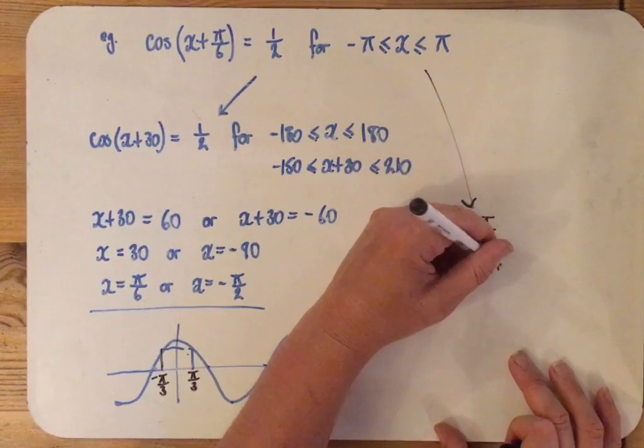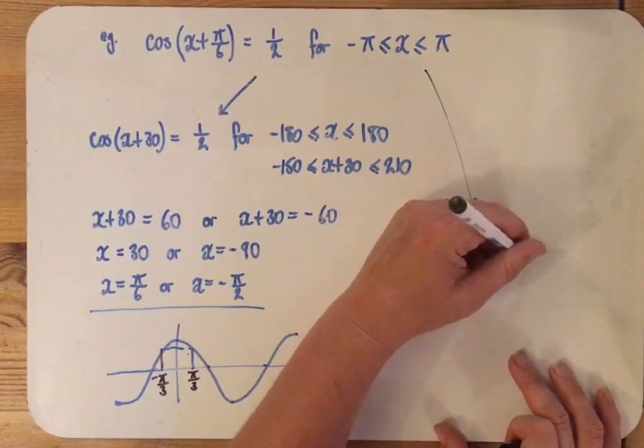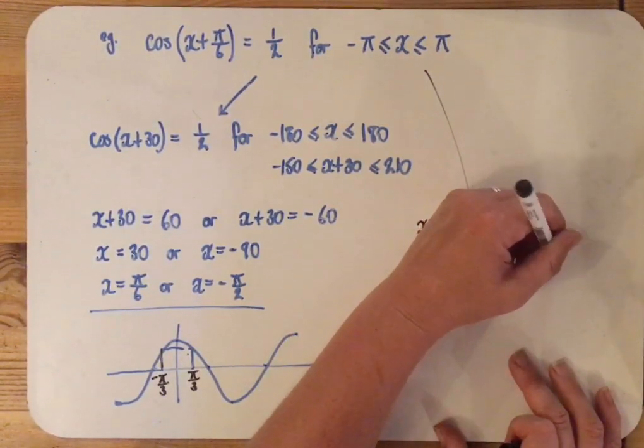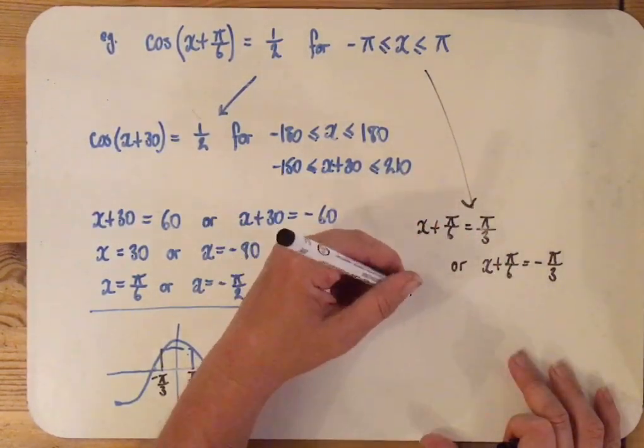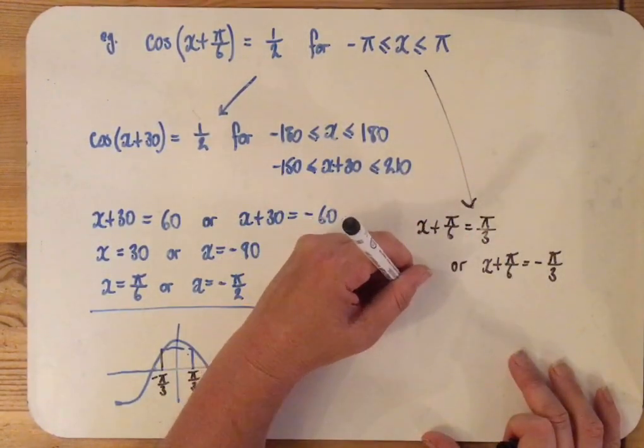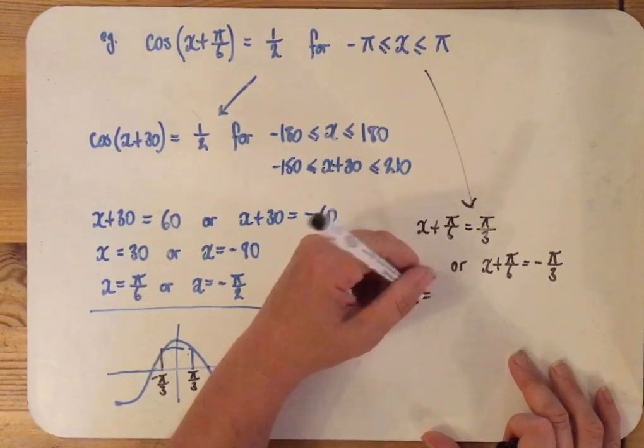So x plus pi by 6 is minus pi by 3, and then if you subtract pi by 6 from each of those, you end up obviously with the same answer.